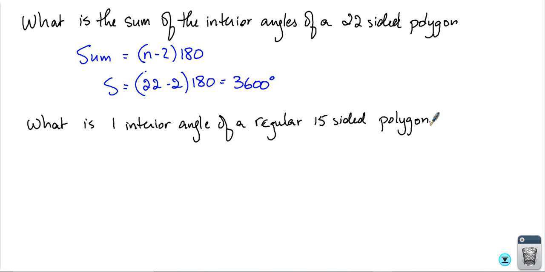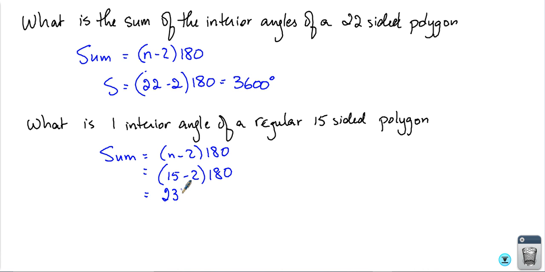So, how do I find the sum? We're going to use the formula. The sum is n minus 2 times 180. So the sum is 15 minus 2, because it has 15 sides, times 180, and that gives a value of 2340 degrees.